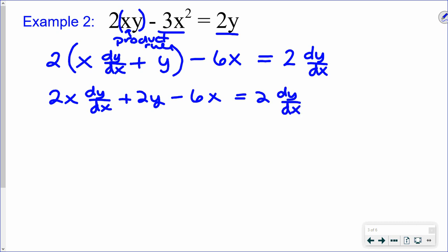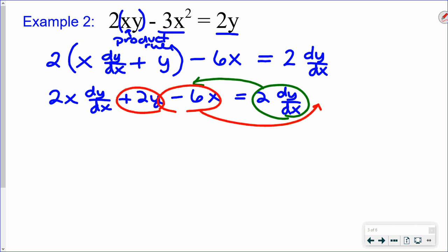Okay, now I need this term to go over to the left side, and I need these 2 terms to get moved over to the right side. So remember, whenever you're doing that, you're always using the opposite or inverse operation, meaning I would have to subtract the 2y to move to the right side, add the 6x, subtract the 2 dy over dx.